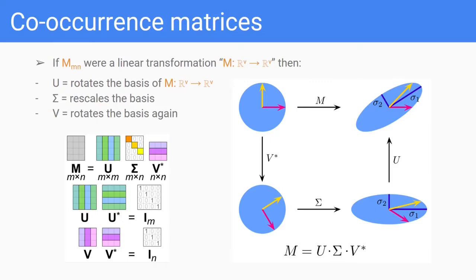And then what these properties mean geometrically is that what you are doing is approximating M by first a rotation. So imagine that these 2 arrows, yellow and red, are 2 vectors representing the counts of 2 different words, yellow word, red word.